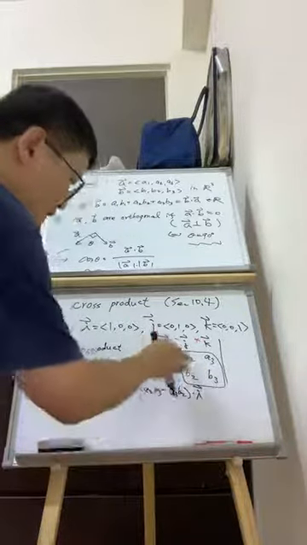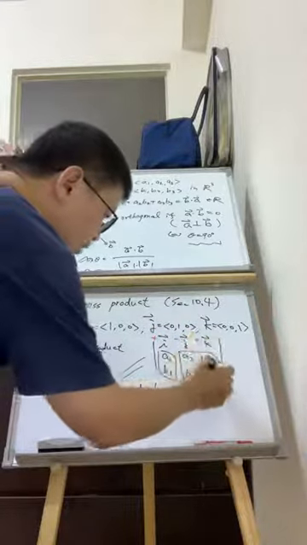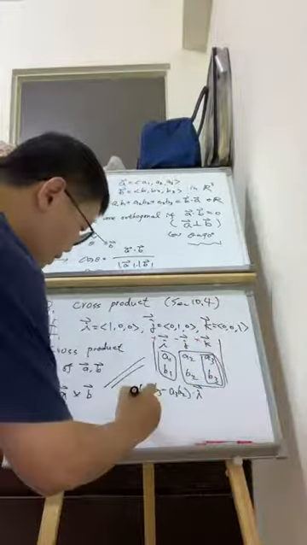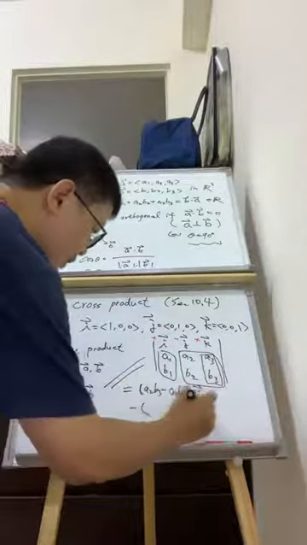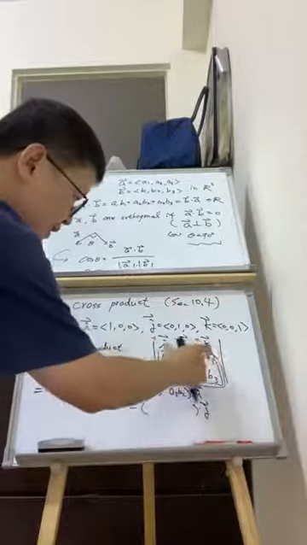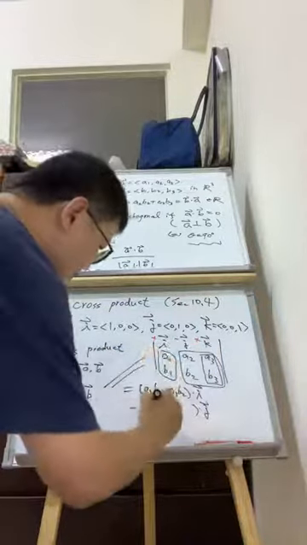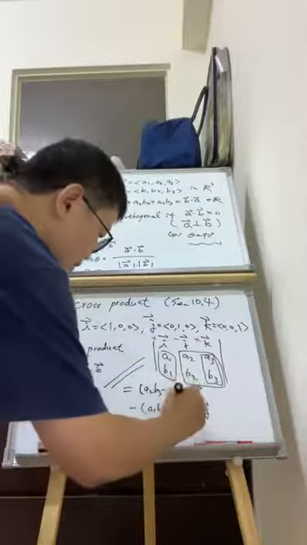The second one is the determinant of the other two columns, but we should multiply by -1, so here is -1 times j, times A1 B3 minus A3 B1.